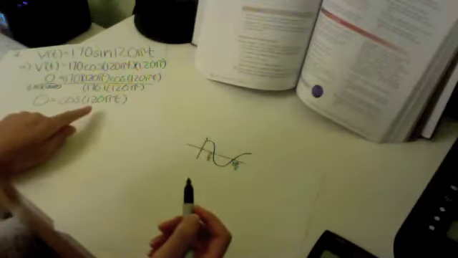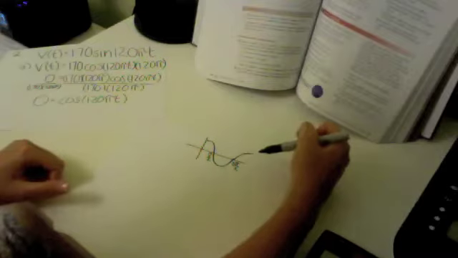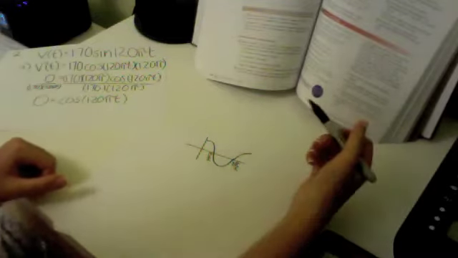So in order to find the times, we must use the 120 pi t and set it equal to where the max and min will be to isolate for t.